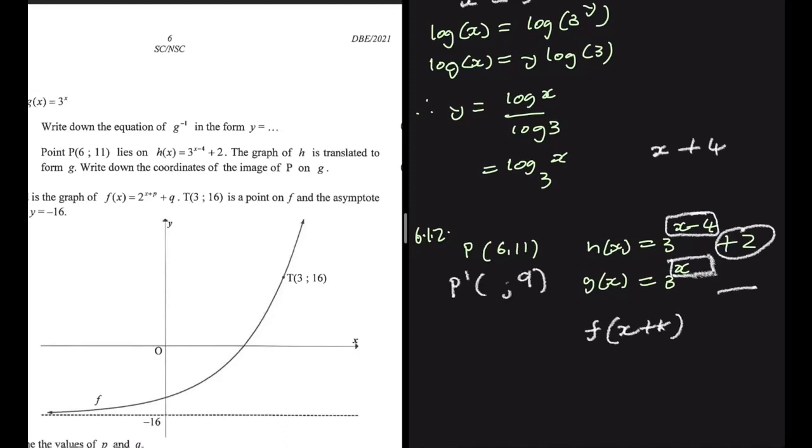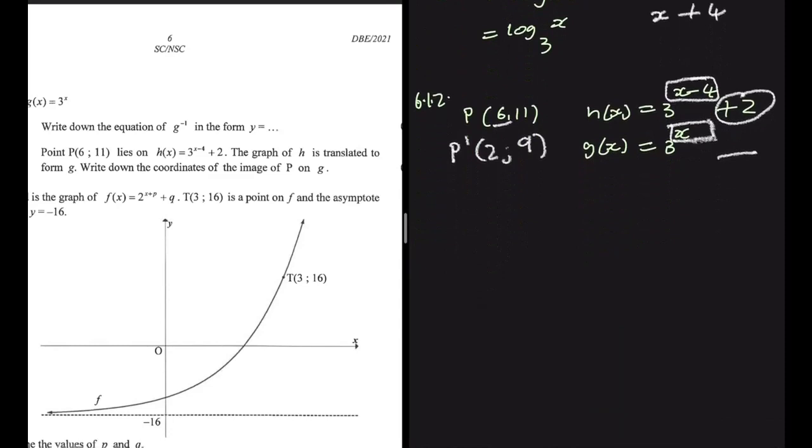So we're moving 4 units to the left. We started with 6. If we move 4 units to the left, we're going to end up at 2, right? We're going to end up at x is equals to 2. So we're going to have 2 here. And that is the coordinates of the image of P on G.